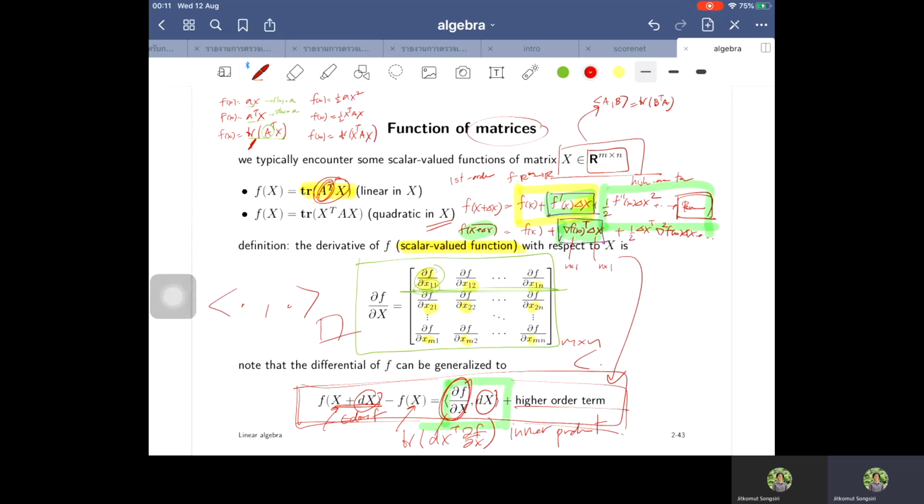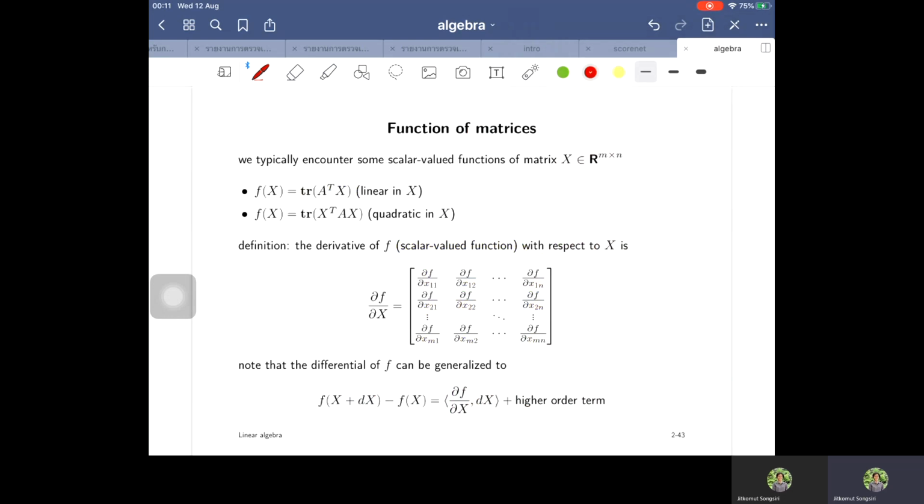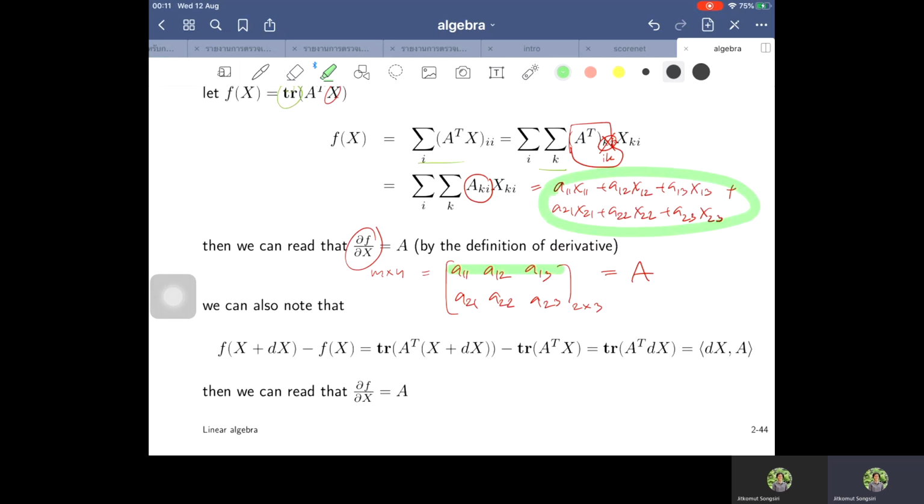Now, if we would like to derive the derivative by using the Taylor expansion and try to recognize the term that makes the inner product with dx, that's going to be our Jacobian matrix. Now, let's take a look at that approach. So, f(x plus dx) minus f(x).